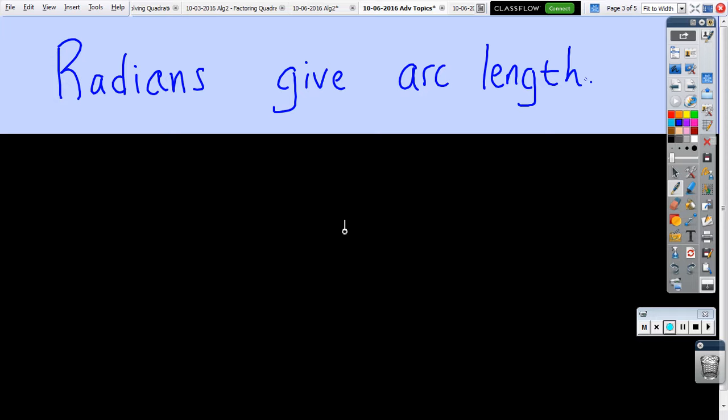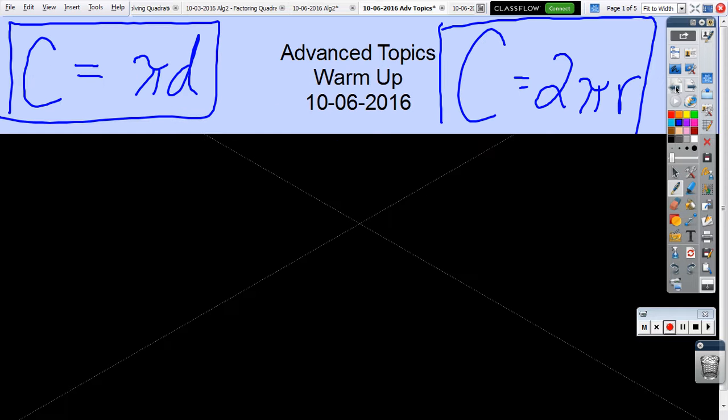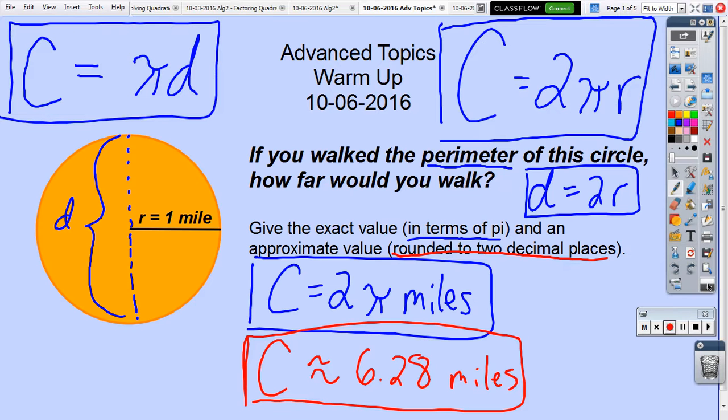You guys actually knew how to find arc length, but maybe didn't think of it like that. If we go back to where we started, you found the arc length of the entire arc of a full circle. And we said that the circumference is equal to 2 pi r. 2 pi radians is 360 degrees.